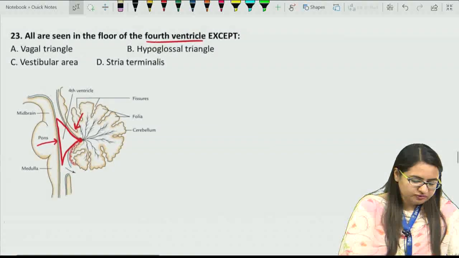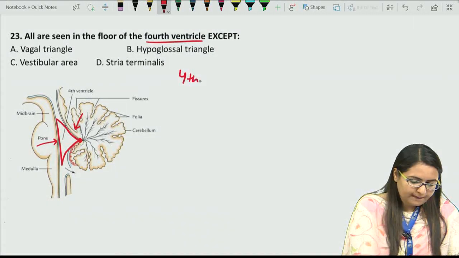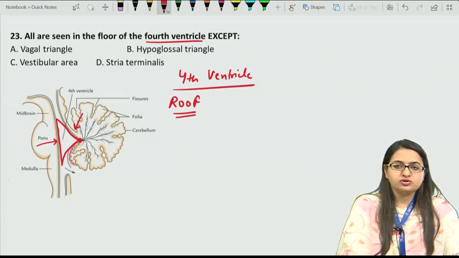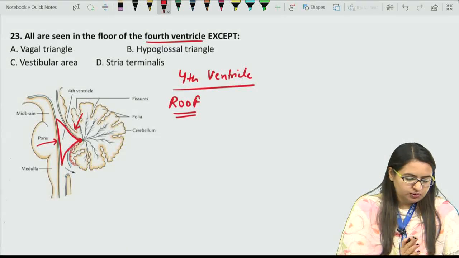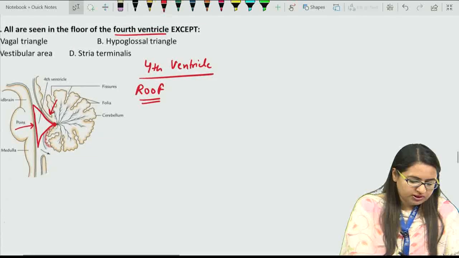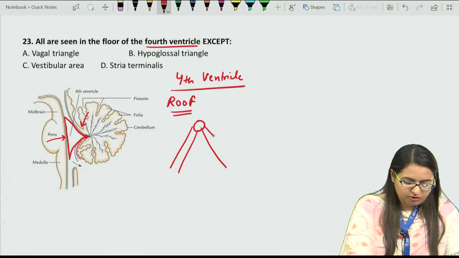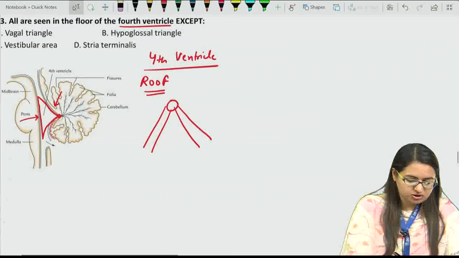If we talk about the roof of the fourth ventricle, towards the roof is lying the cerebellum, and between the cerebellum and this fourth ventricle, there are structures which are present in the roof. Towards the upper side of the roof is basically a tent-shaped structure over here.